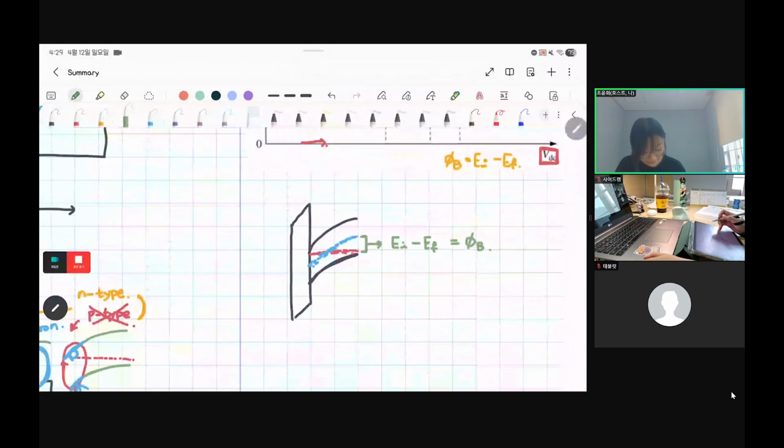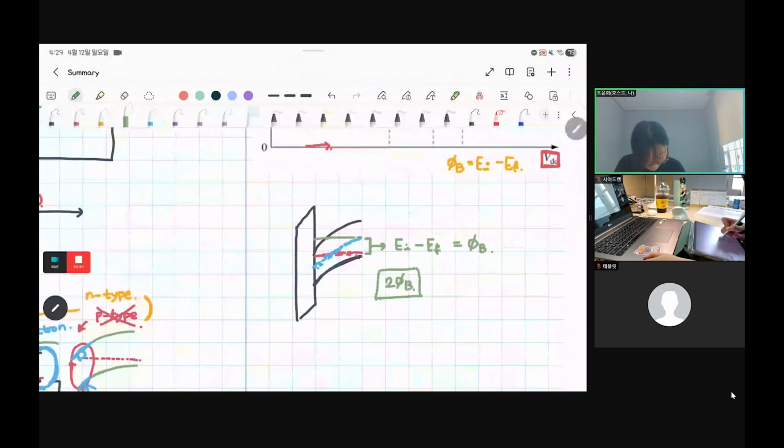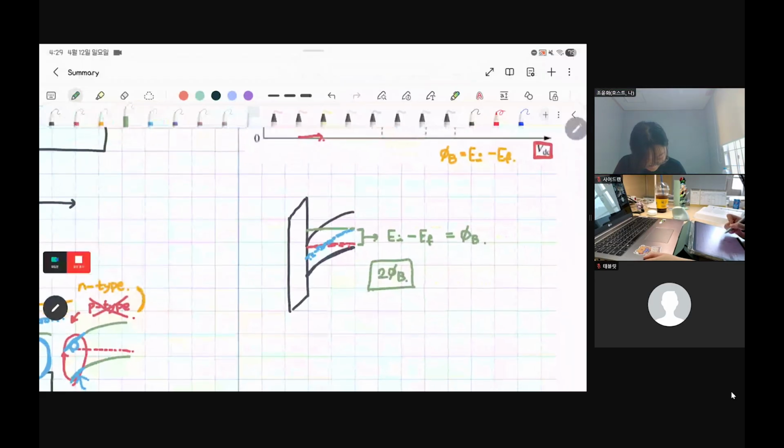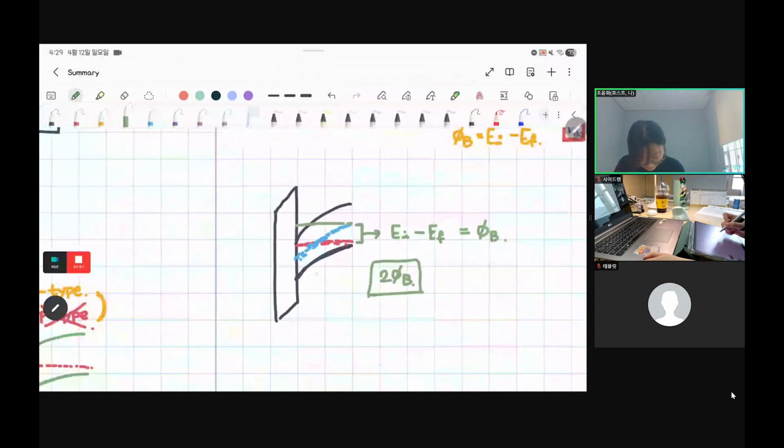And if the bias gives more than 2 phi b, the strong inversion starts because here and here is 2 phi b.